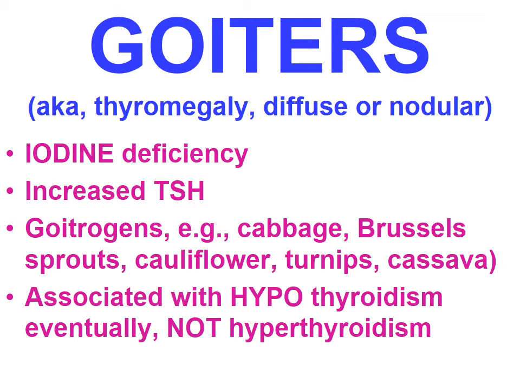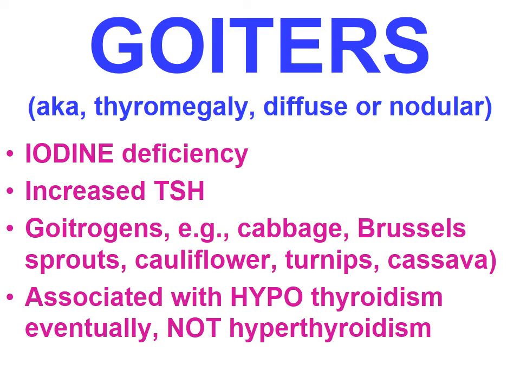The cause of goiters is iodine deficiency, because deficiency of iodine results in impairment of synthesis of thyroid hormones. When T3 and T4 are not synthesized, that results in increase in TSH levels, and these TSH levels further stimulate the formation and increase in number of thyroid follicles, and the patient presents with a goiter.